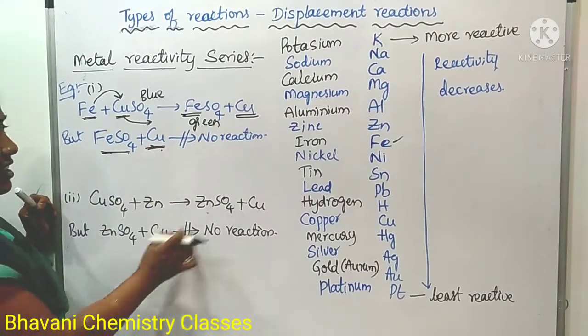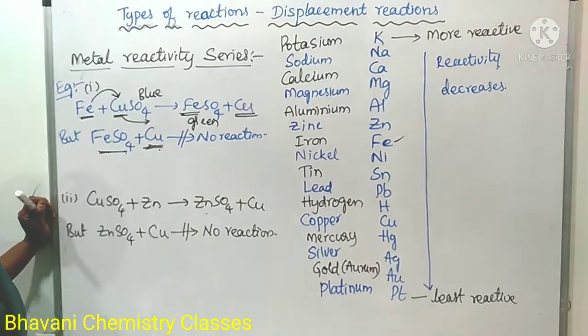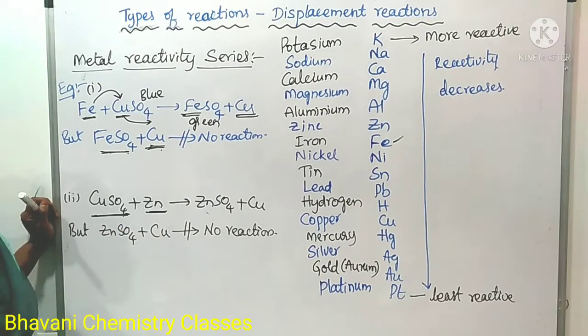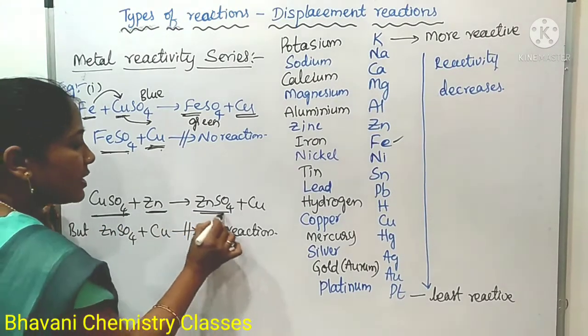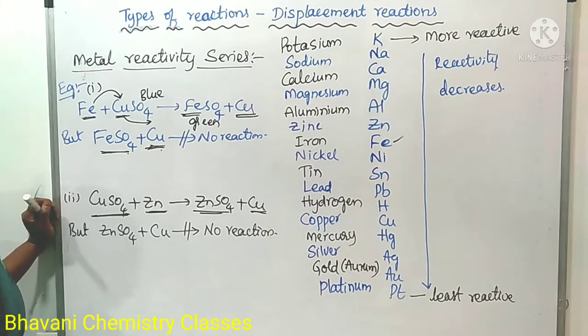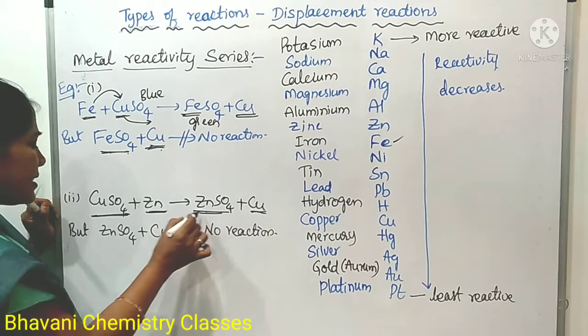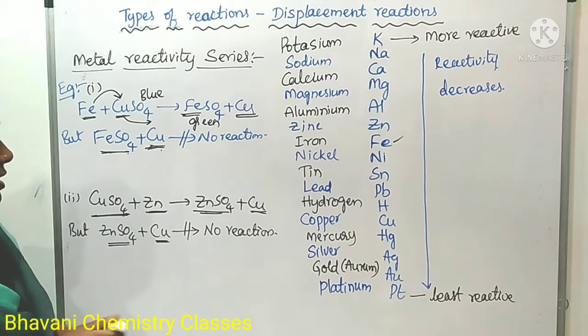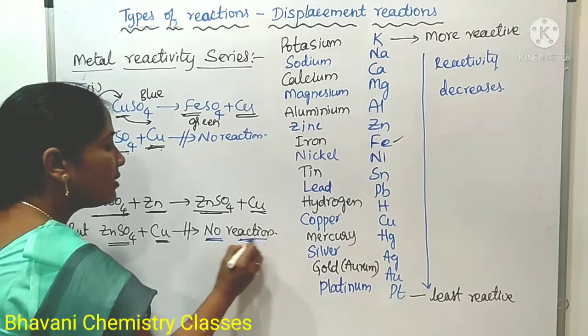Now, one more example from this series. If we take copper sulphate and zinc, it will form zinc sulphate and copper is deposited. Copper is separated. But if we take zinc sulphate plus copper, we will not see any reaction. Why, children?